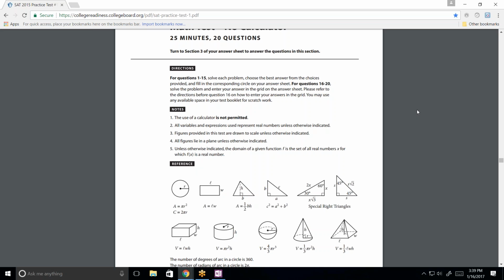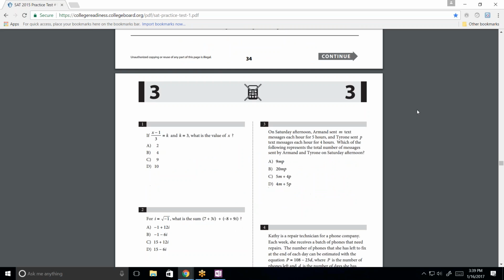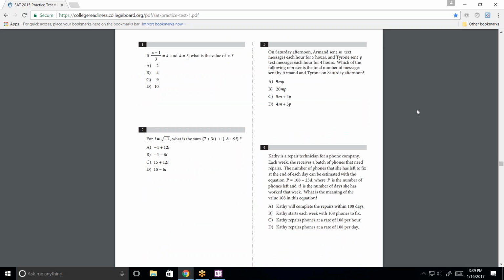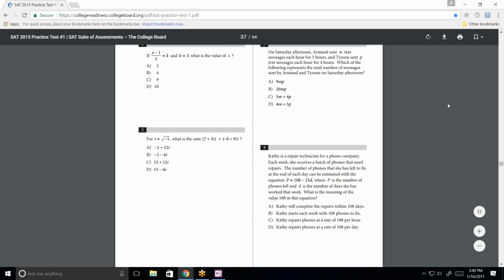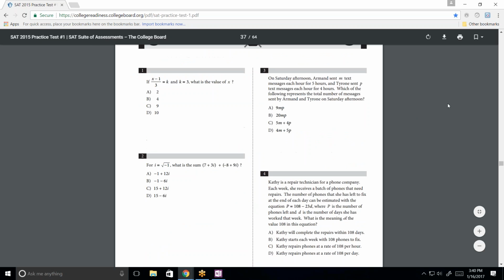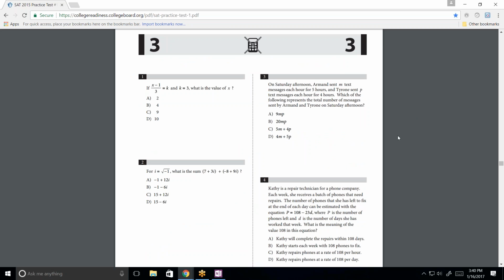And so the one I trust the most is the College Board. And that's what this is. They start out easy and they get harder. Can you read that okay? I can blow it up a little. Yeah, I can read it.